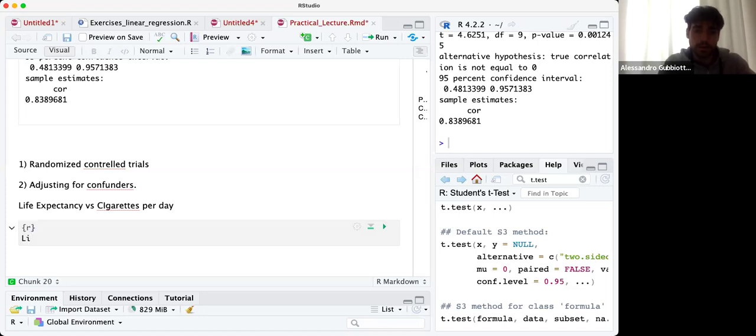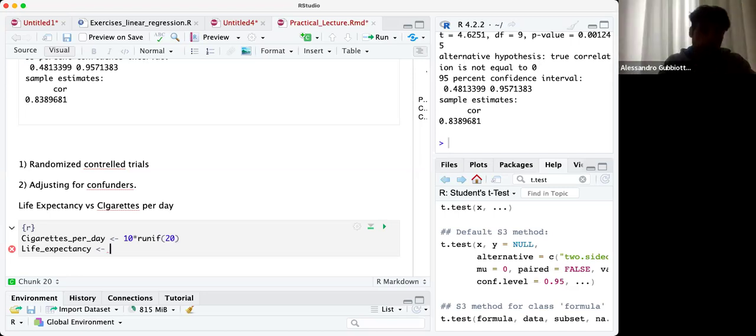Let's take the cigarettes per day as something like a uniform between 1 and 10, and life expectancy, let's say 90 minus 3 per cigarettes per day.